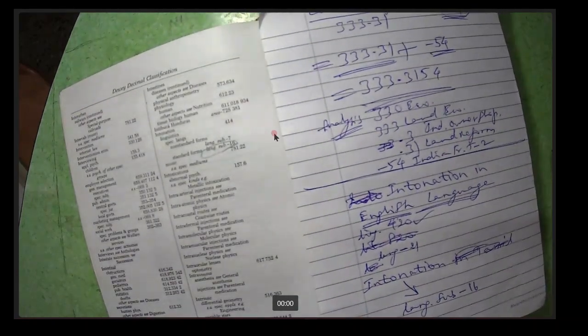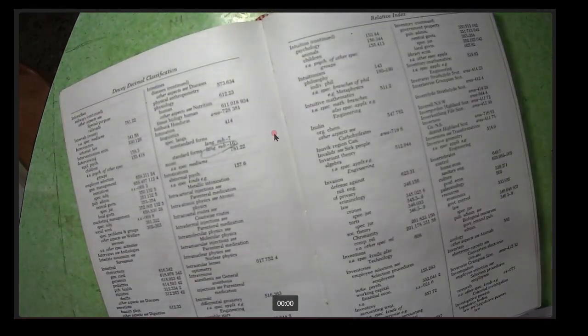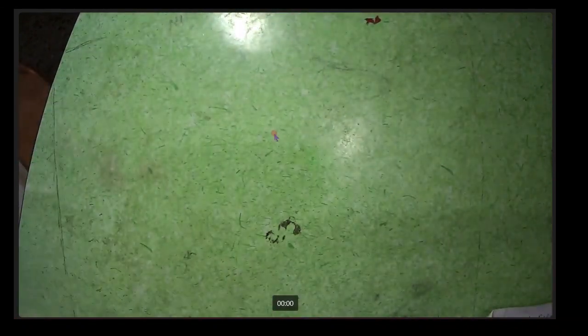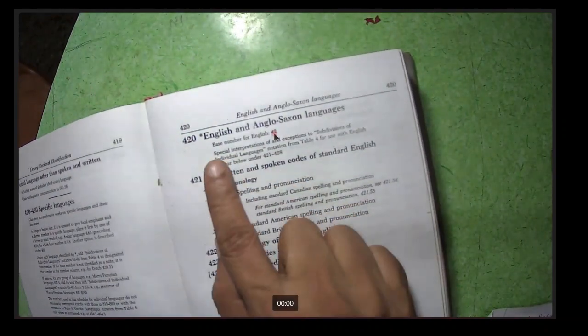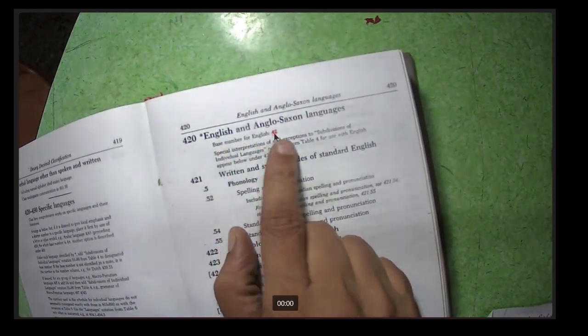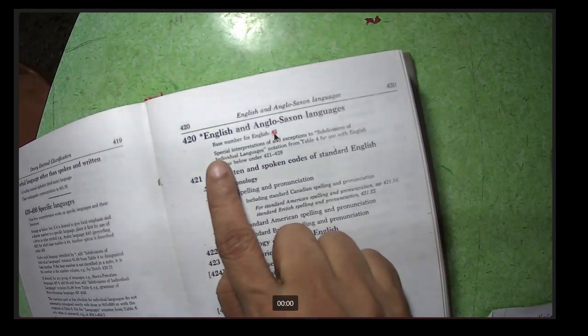Straight away go to 420 in the schedules. Where is the 420? Here it is, 420, English and Anglo-Saxon languages.